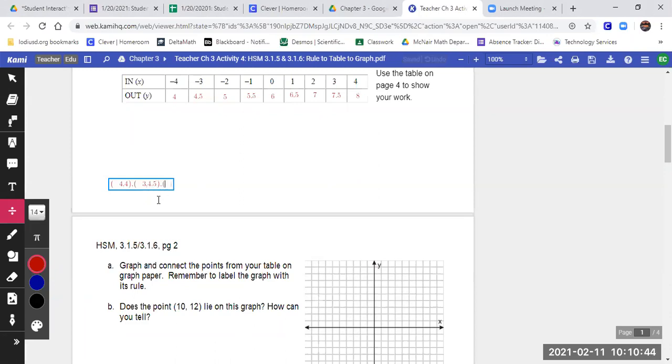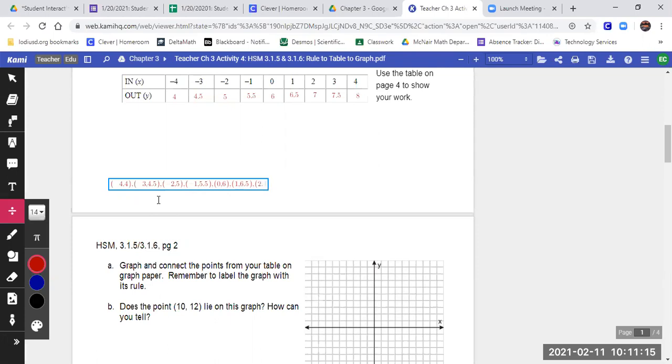So negative 2 is with 5. Negative 1 is with 5.5. 0 is with 6. 1 is with 6.5. 2 is with 7.